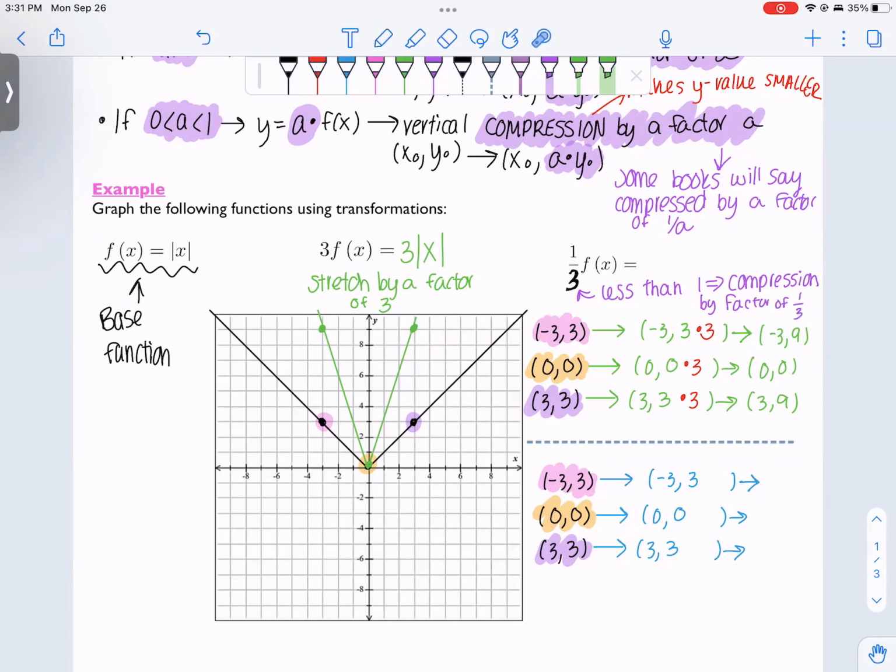In a case like this, some books may say, like I was mentioning up here, that it's a compression by a factor of 3. Let's just say it's a compression by a factor of 1/3.